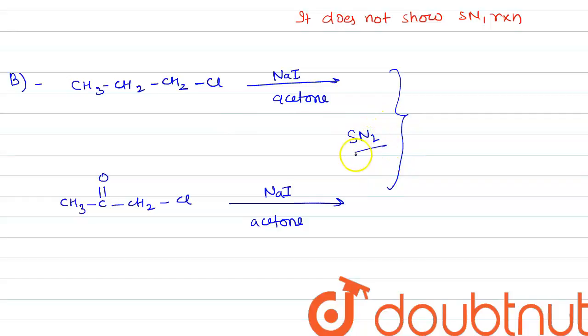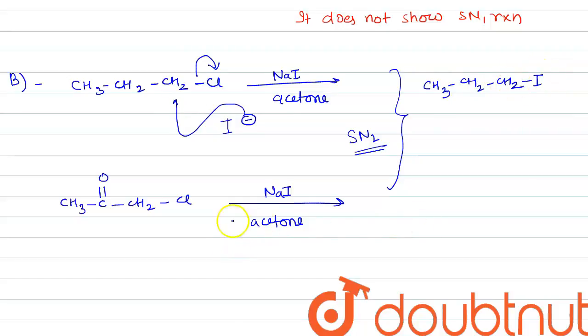Iodide acts as a nucleophile. This iodide attacks this carbon from the backside and chlorine leaves as a leaving group, so the compound CH3CH2CH2I is formed.